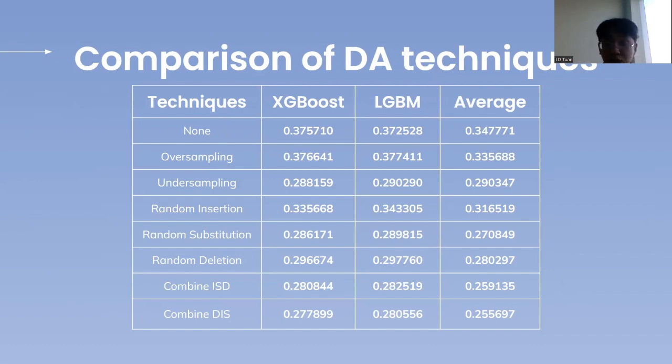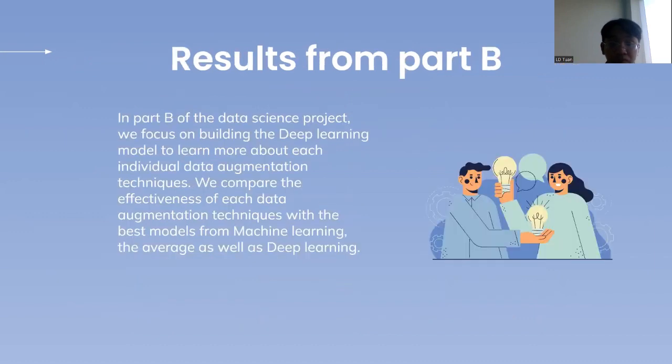However, some basic data augmentation techniques such as random insertion, random substitution, and deletion result in worse performance. And finally, the techniques which remove vocabulary, such as undersampling and deletion, generate the worst results.